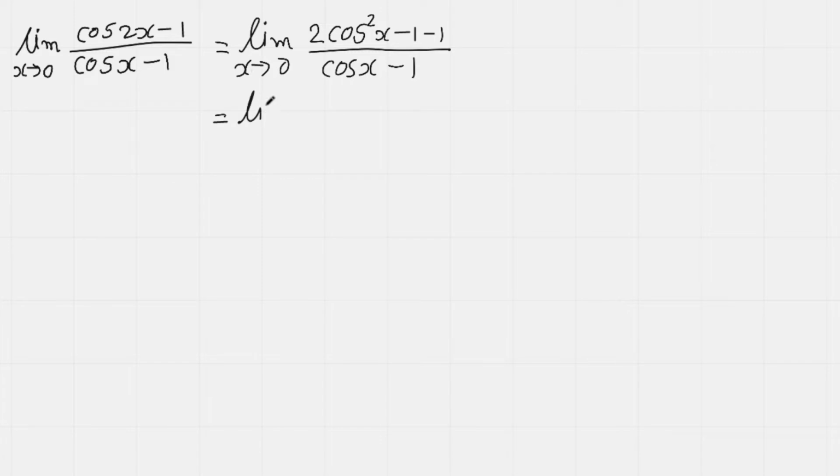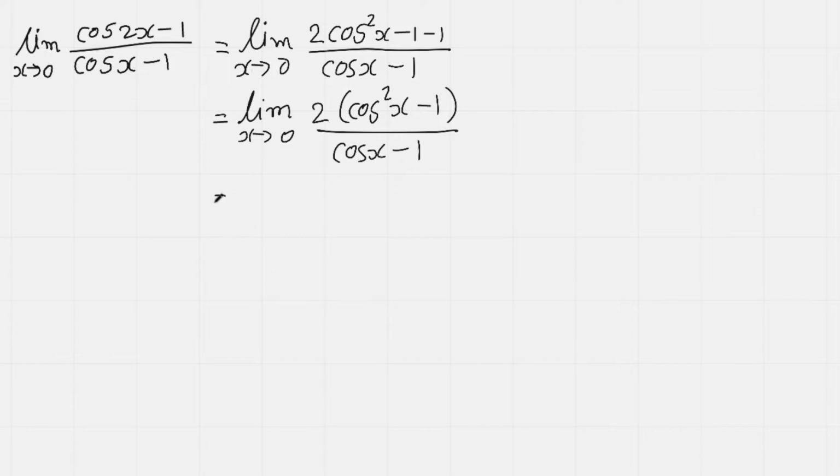Now this can be written as limit x approaches 0. 2 cos square x minus 1 will be minus 2, and we can factor out 2 from both the terms in the numerator. So this will be equal to 2 into cos square x minus 1, whole divided by cos x minus 1.